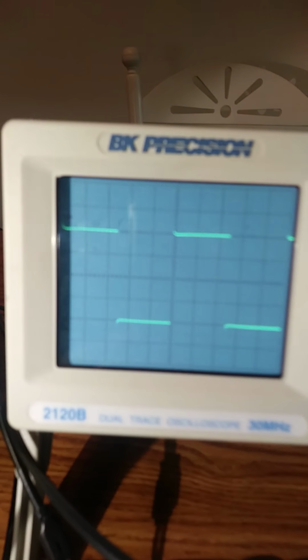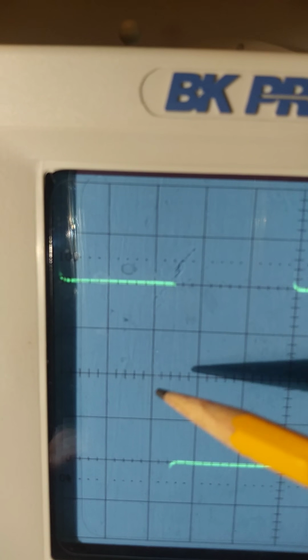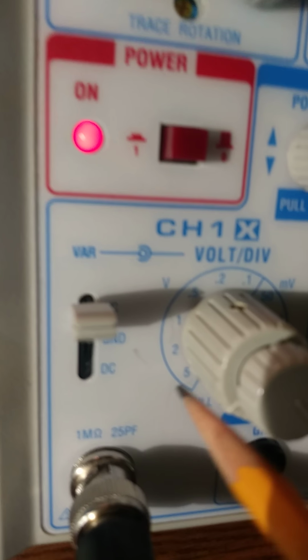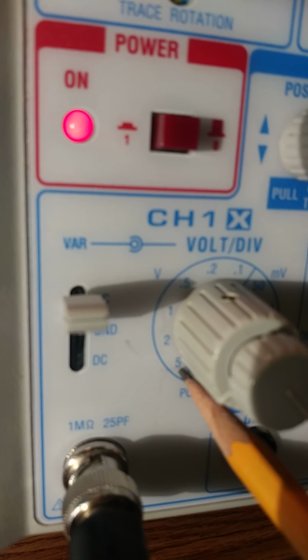Now I'm going to turn the AC signal back on. So the peak of this square wave is 2 squares from the center line. We have 1, 2, and the volts per division is set here at 5 volts per square. So 2 times 5 is 10 volts. So the peak voltage is 10.